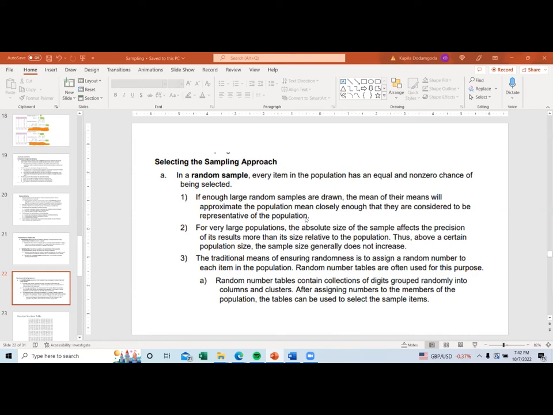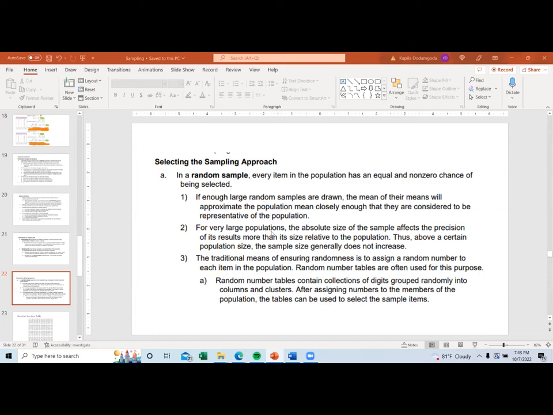But if we pick good enough samples, and calculate the mean of all the sample means, that mean will be very close, close enough to be considered representative of the population. So if we have large enough random samples and we pick many different random samples, the mean of all the sample means will be representative of the population mean. So just an idea, that's all.